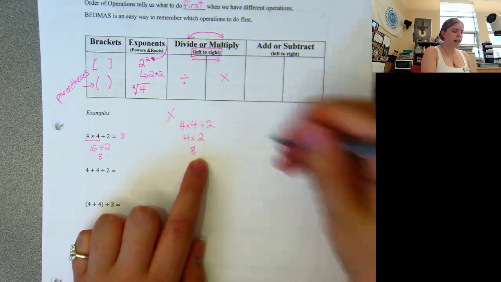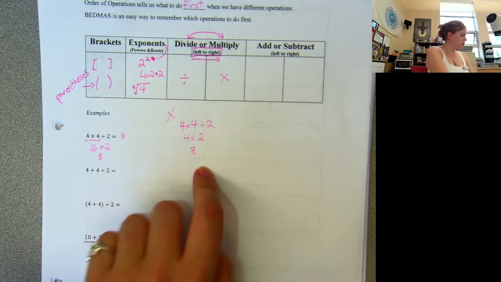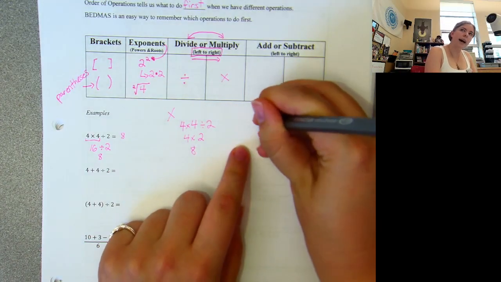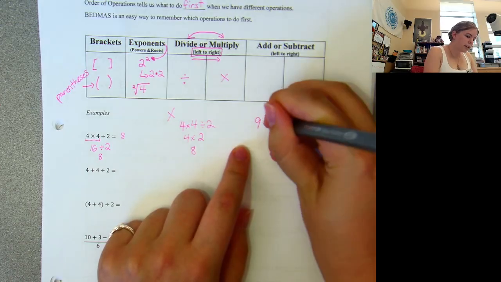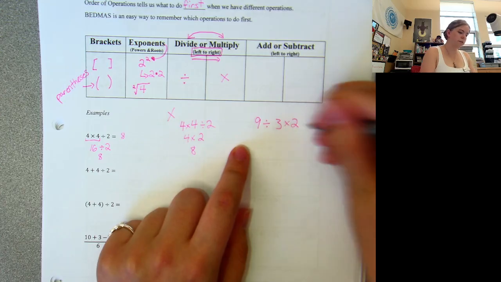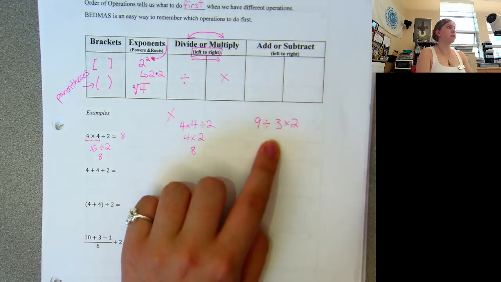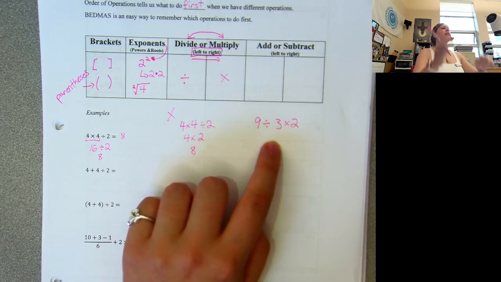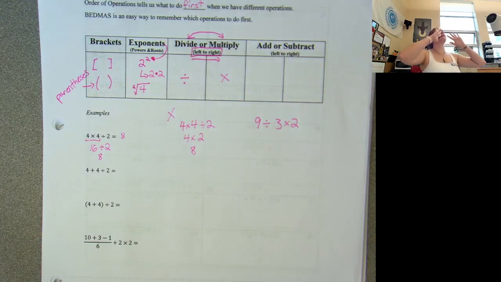Because if I took a question like 9 divided by 3 times 2, I'm going to do it left to right first. Which way am I doing it? I want to hear everybody say it because this is really important. Left to right.